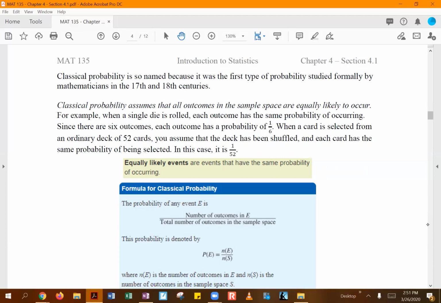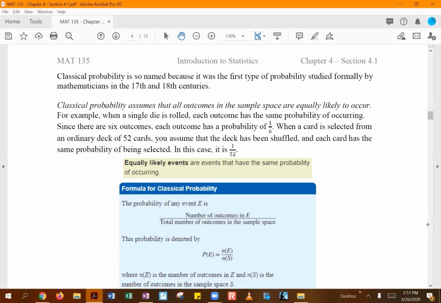When we're talking about rolling a die, either you get a 1, or a 6, or a 4. The chance of getting any of those numbers is the same. Each outcome will have the same probability of occurring. Since there are 6 total outcomes, each outcome will have a probability of 1 out of 6.